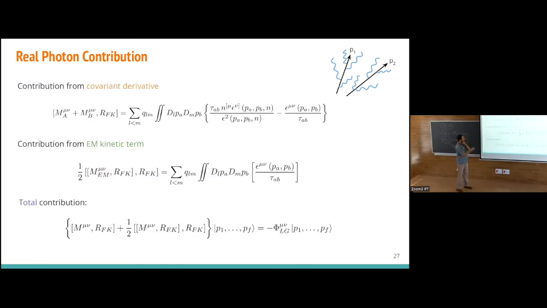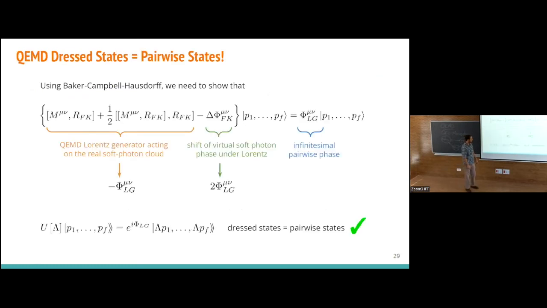But what we find is that if we sum the contribution from the covariant derivative from the kinetic term, we get exactly minus this phase. So we proved by explicit commutation that the group theory defined pairwise states are identical to the soft photon dressed states of QEMD, quantum electromagnetic dynamics.